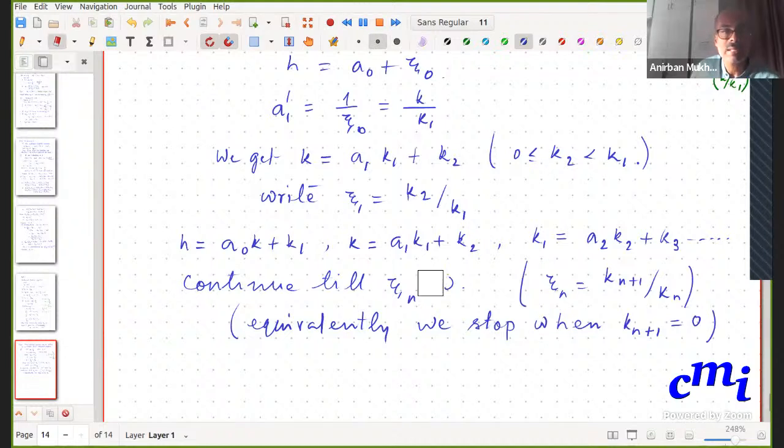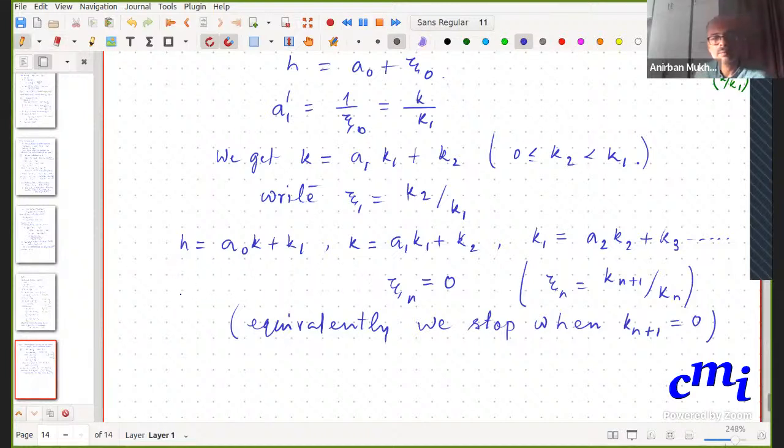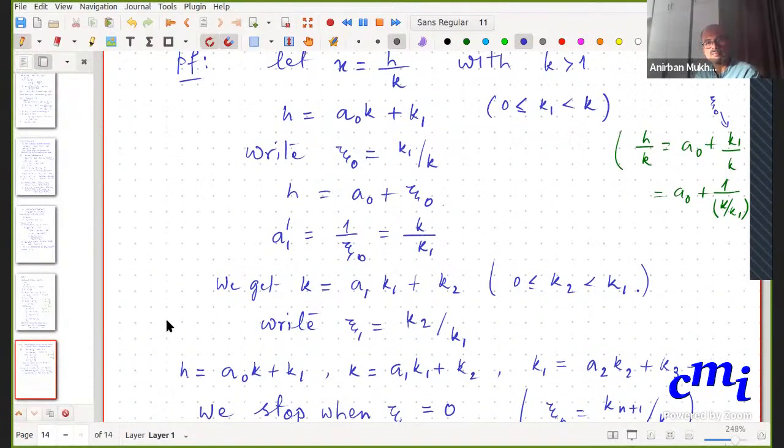So till this is 0, when you reach 0, you stop. Saying that this continues till is a bit unspecific, so we just write that we stop when this is 0.